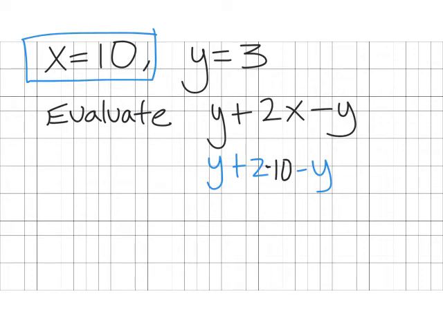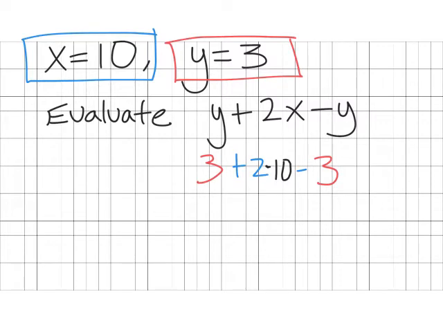So I'm going to put a little times dot in there. And then for the y's, I've been told that y equals 3. So I'm going to take out this y and replace it with a 3. And I'm going to take out this y and replace it with a 3. Both of them get replaced because there were 2 y's and both of the y's equal 3.